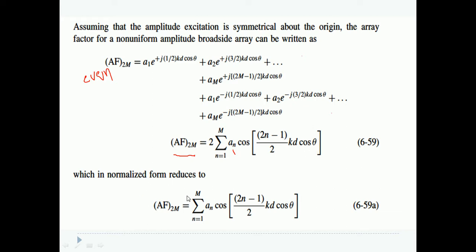Once you normalize it, it is written as the summation from n equal to 1 to m of an cos (2n minus 1) divided by 2 kd cos theta.